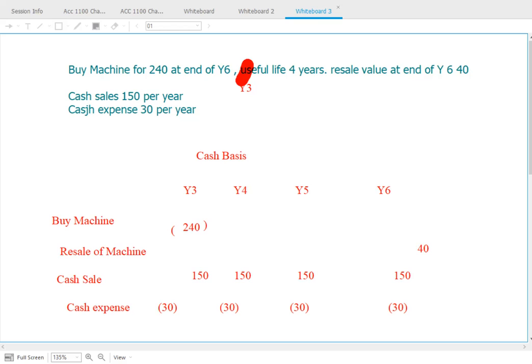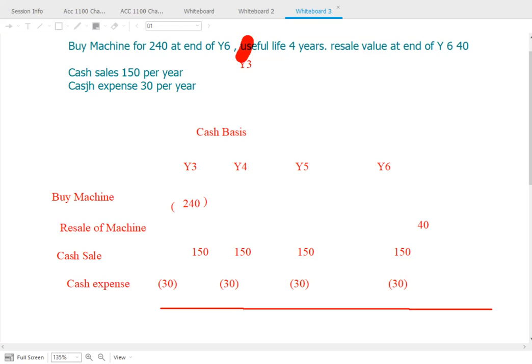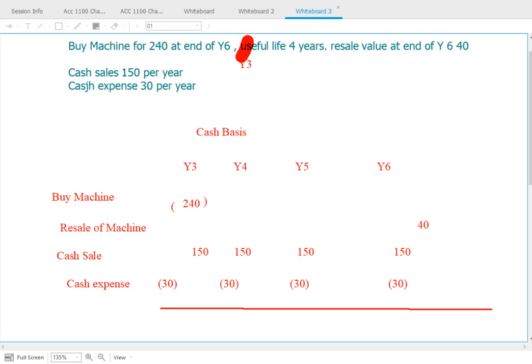Then I will make the plus and minus, and I will find that in year 3, I have a negative 120. In year 4, I have a plus of 120, 120 in year 5, 160 in year 6, and a total of 280.